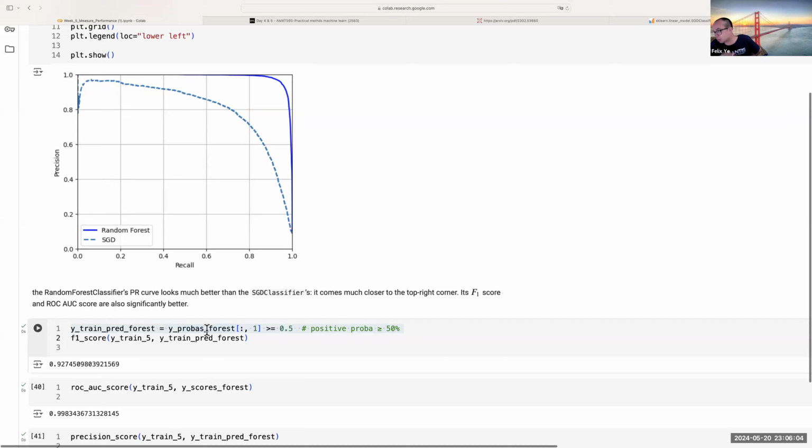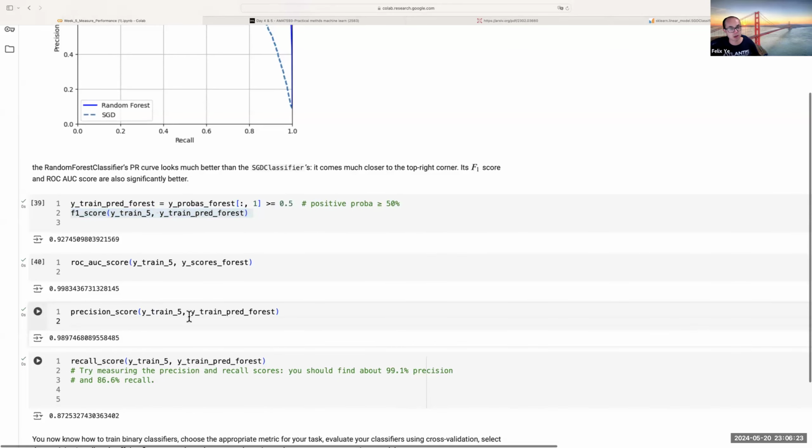If it is less than 0.5, it will be predicted as 0, right? So this is just a simple cutoff, like what we had for logistic regression. But you can see this F1 score is significantly better than the SGD models.